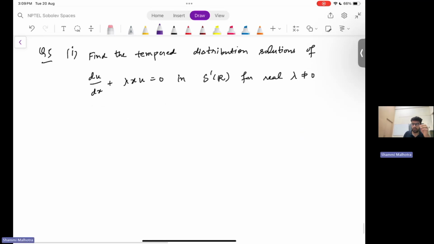So first of all, let us try to solve this distribution equation in time, to find the tempered distributions. So how do we do that?